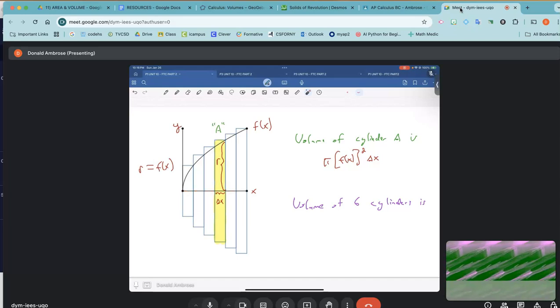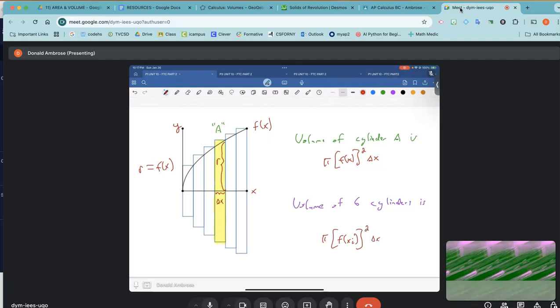So since essentially all of the other cylinders would have the same format of the volume, to help ourselves with that, we can say that it should still be similar to the volume of our cylinder A. It should be pi times some f of x, but I'm going to label that as f of x sub i because we have 6 different cylinders and the x values will be at different locations. But that f of x sub i should still be squared.